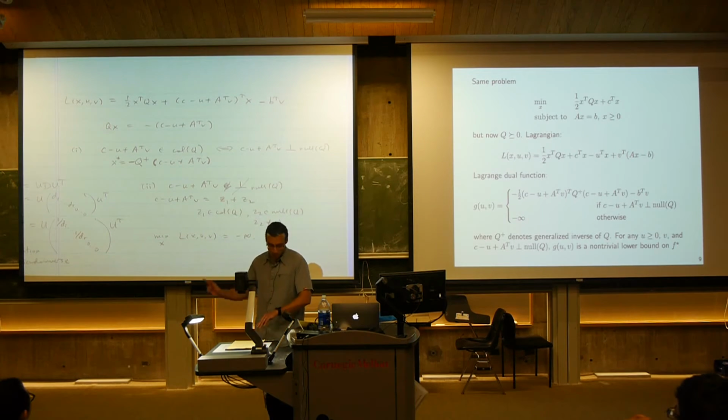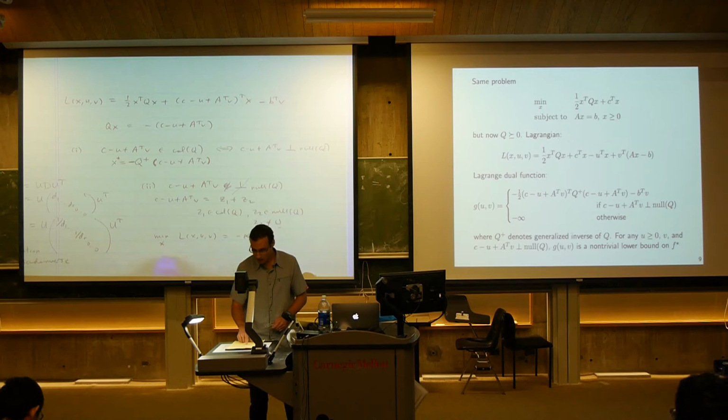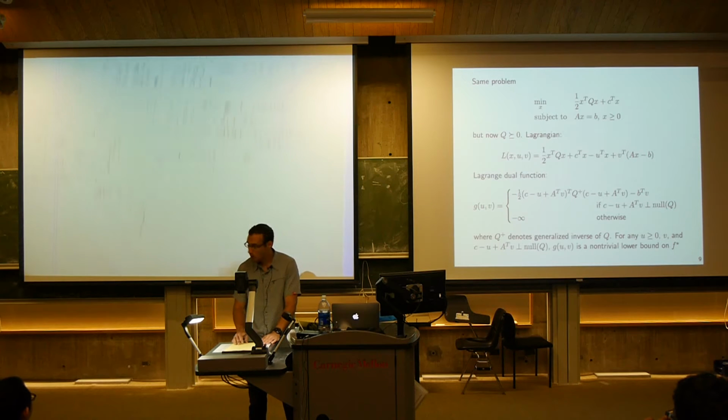This is an example where we get what's called an implicit domain constraint in the dual function. The Lagrange dual function is defined according to two cases.